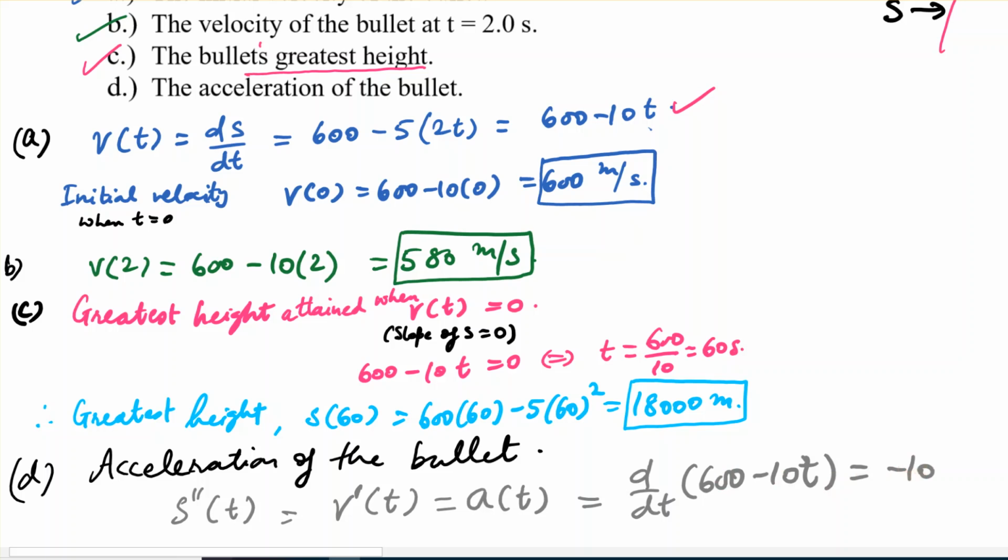So acceleration is negative 10 meters per second squared. And since acceleration is constant and has a negative value, the velocity is decreasing.